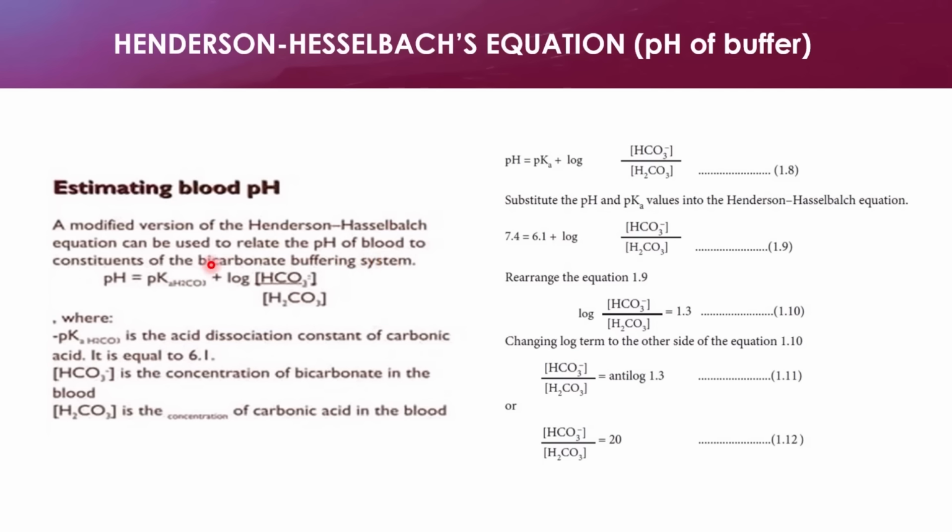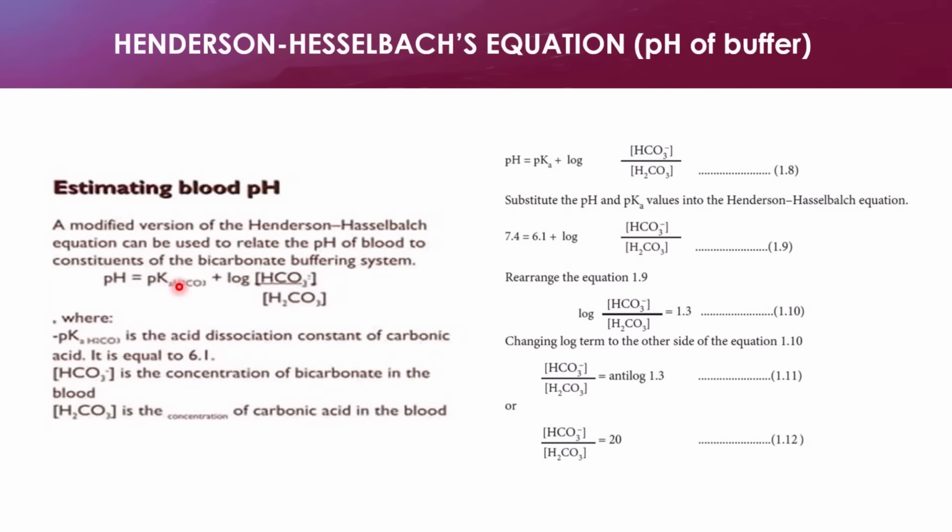So this equation can be expressed as pH equals pKa plus log of this, as equation 1.8. Now, if you substitute the pH and pKa values into the Henderson-Hasselbalch equation, we have 7.4 equals 6.1 plus log of this.